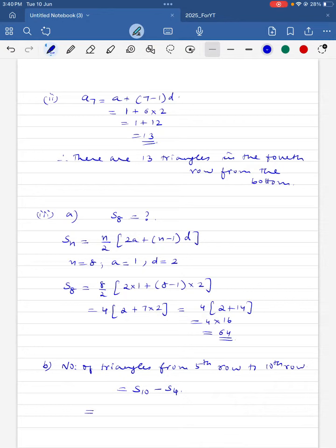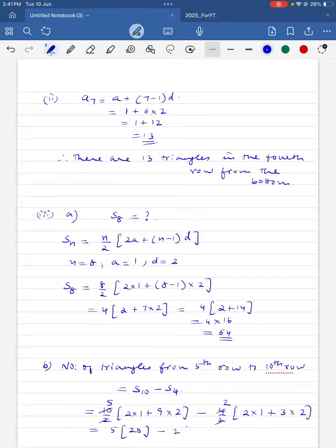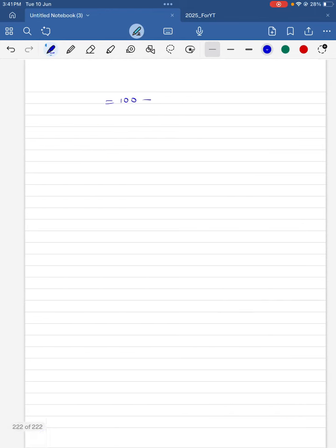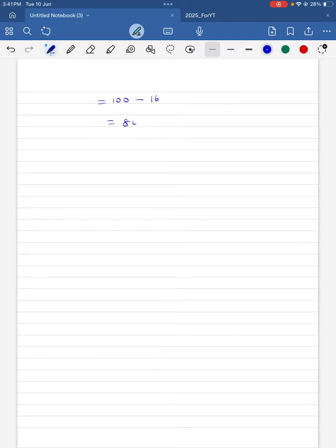So that is equal to 10 by 2 into 2A plus 10 minus 1, which is 9 into D, which is 2, minus 4 by 2 into 2 into 1 plus 4 minus 1, which is 3 into D, which is 2. So that is equal to 5 times 2 plus 18, which is 20, minus 2 times 2 plus 6, which is 8. So that's equal to 100 minus 2 times 8, which is 16, and that gives you 84 triangles.